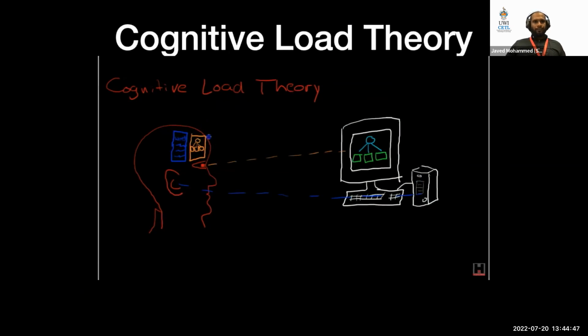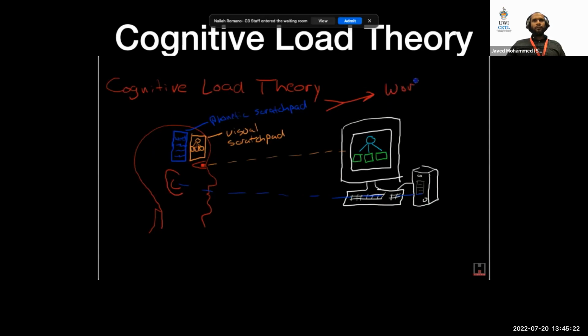There is a portion of working memory that is dedicated to the processing of visual information like concept maps, diagrams, pictures, etc. And then a separate part of the working memory known as the phonetic scratch pad that processes words, and these words could either be written text or spoken word. Now, again, the phonetic scratch pad and the visual scratch pad together are called working memory.